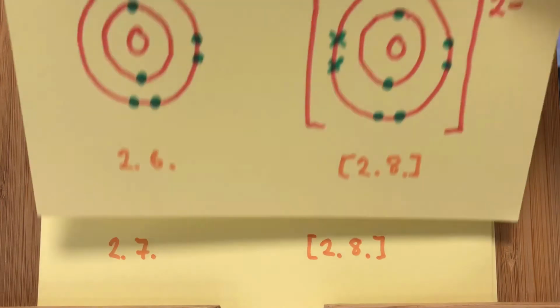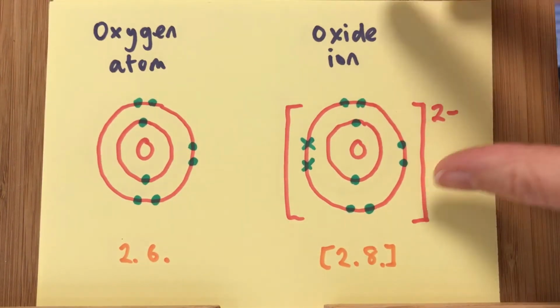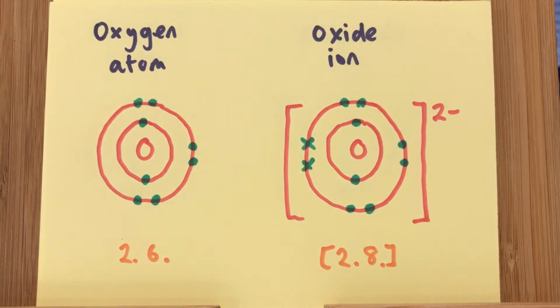Let's look now to oxygen. Oxygen's in group 6. So you can see on the left hand side we've got the atom, which is 2.6. We've got a missing gap of 2 there. Oxygen being in group 6, so 6 electrons in the outer shell.